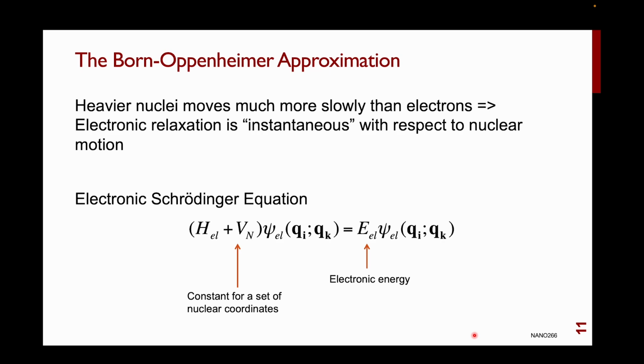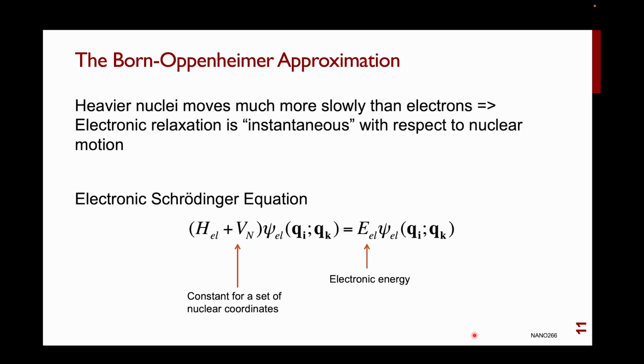Now, the Born-Oppenheimer Approximation is actually a very simple concept. It simply states that the heavier nuclei move much more slowly than the electrons. In other words, you assume that when your nuclei are in a certain configuration, your electrons would instantaneously relax to whatever nuclear potential you have based on the configuration of your nuclei.